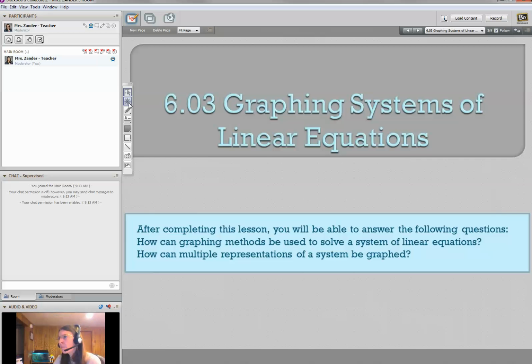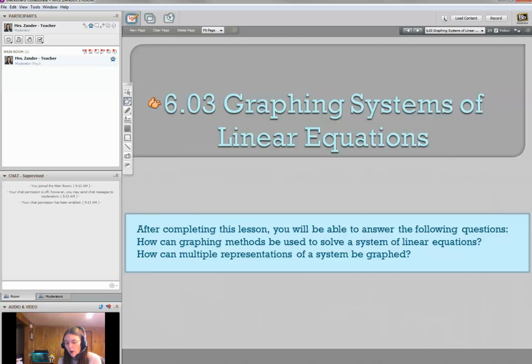All right, in 6.03, we are going to go over graphing systems of linear equations. So in 6.01 and 6.02, we talked that a system of equations are all graphed on the same coordinate plane, and we look for where our lines will intersect each other.